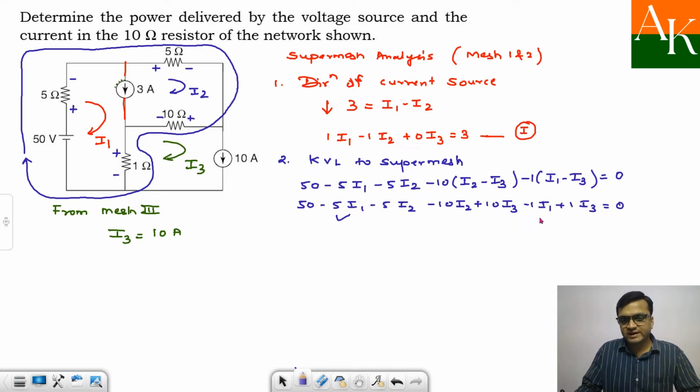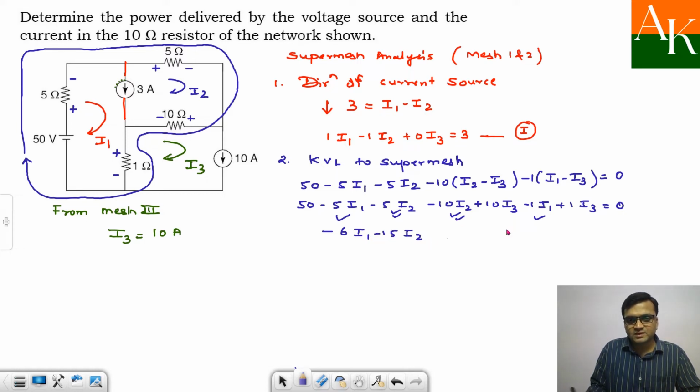Minus 5I1 minus 1I1 gives minus 6I1, minus 10I2 minus 5I2 gives minus 15I2, and plus 11I3. These two terms are there, so it gives 11I3, and this is equal to minus 50. This is my equation number 2.